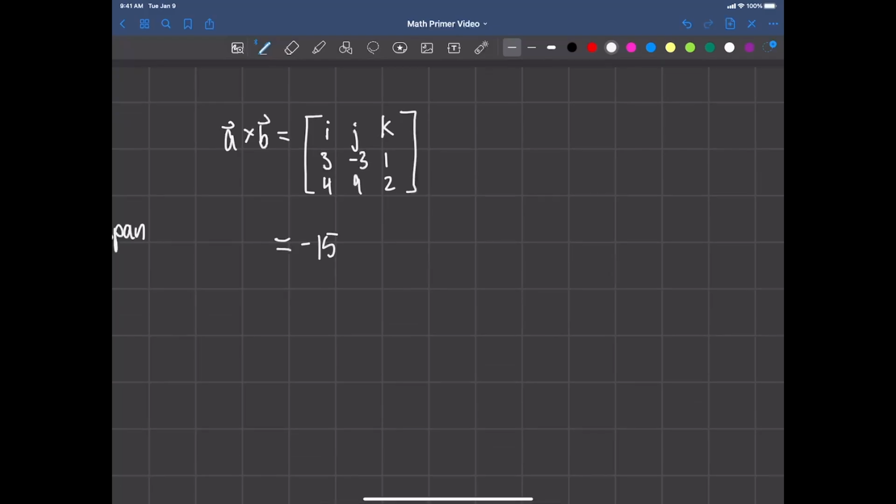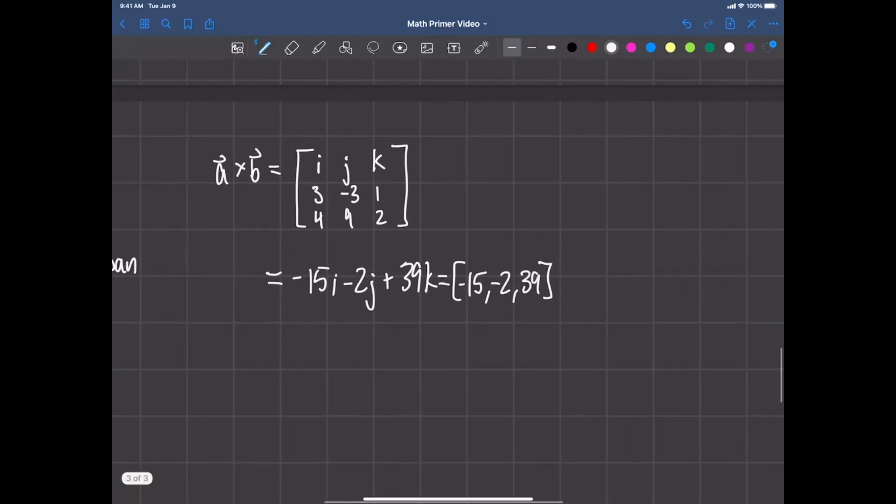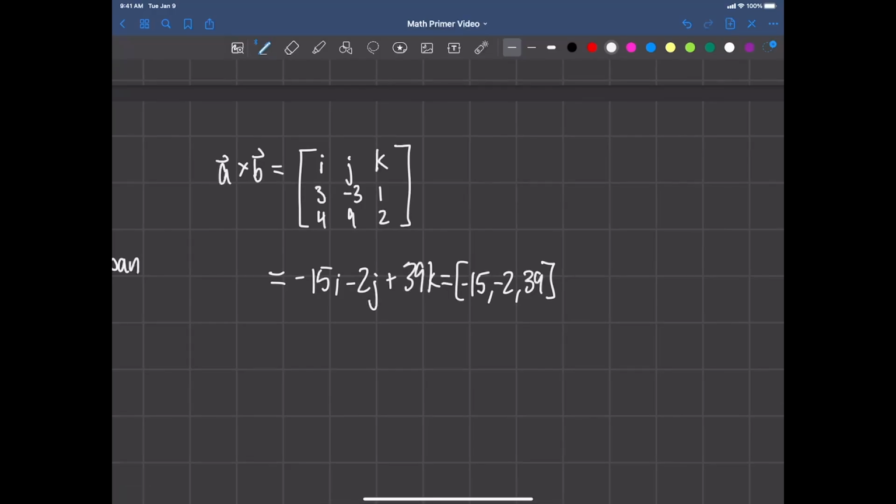If you solve this out, you'll get negative 15I minus 2J plus 39K equals negative 15, negative 2, and 39. Go ahead and calculate this out based on this formula here, and you'll see how we got to this result. Go ahead and do that for practice.